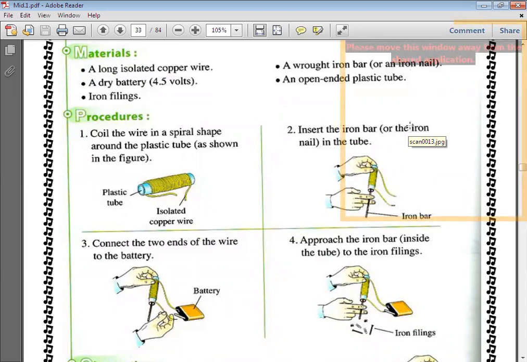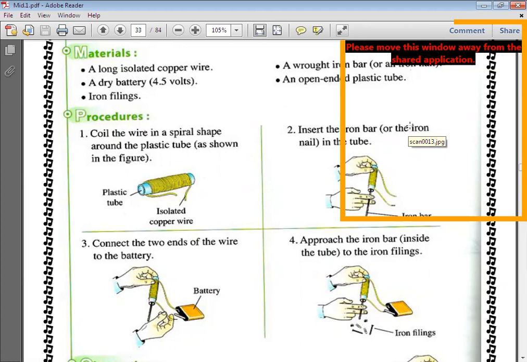From this we can know that when we approach iron filings, the iron bar attracts them. The iron bar attracts what? Iron filings. Why? Because the electric energy from the battery is changed into magnetic energy in the iron bar, and the iron bar attracts the iron filings towards it.